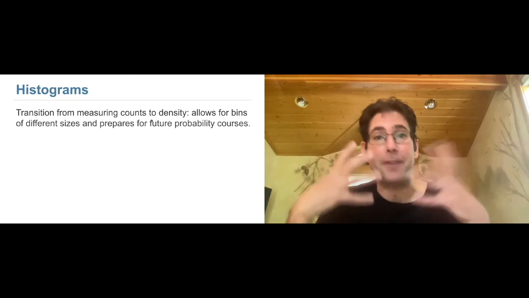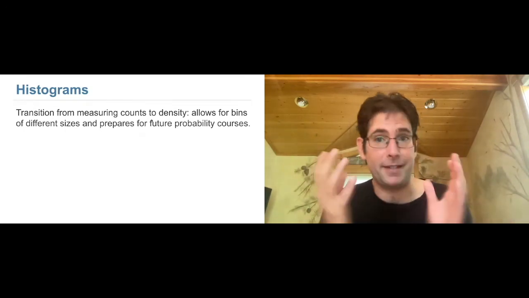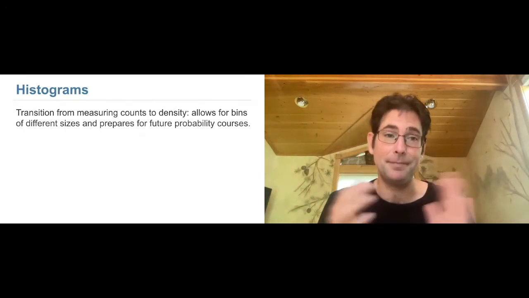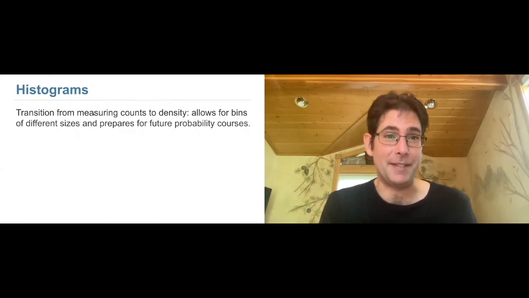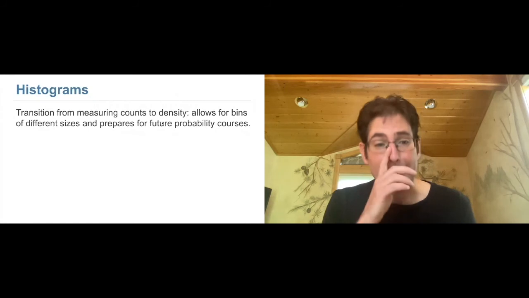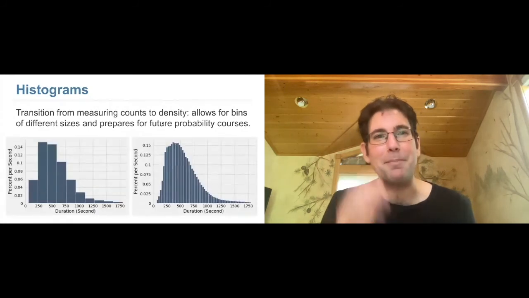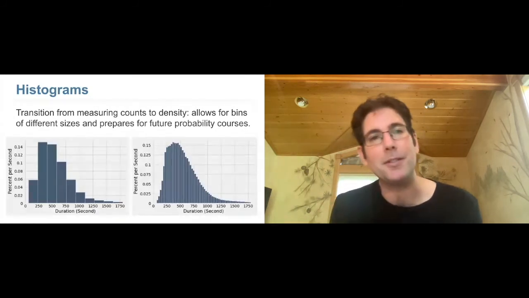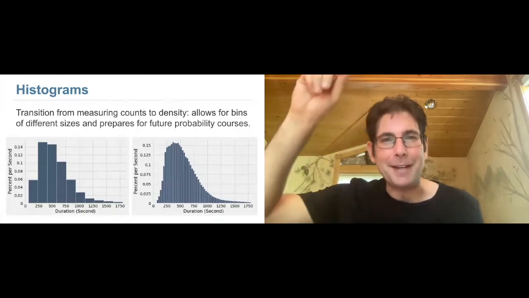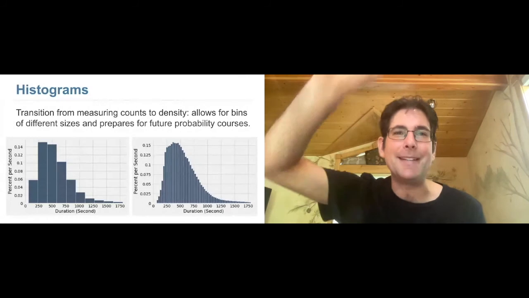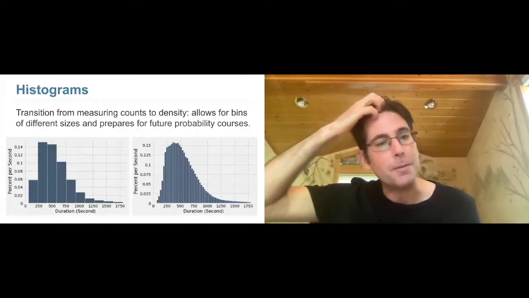Now, of course, the histogram is just made from a bunch of discrete points and has a fixed set of bins. But by measuring density, you kind of get the right effect when you allow bins of different sizes. So here's an example, there's a bike sharing program in San Francisco, and they published all the data of which bike borrowed from one place and where it was returned and how long the trip was.